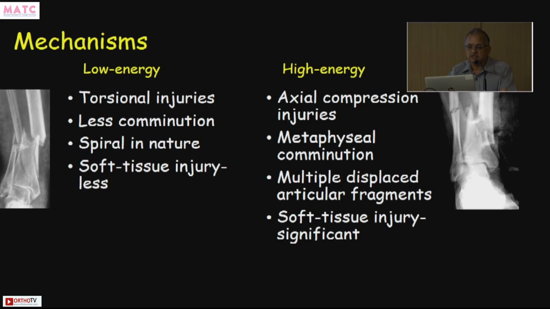Most often these distal tibias have a spiral fracture configuration, and the amount of soft tissue injury is less, as against high energy, which has axial compression, metaphyseal comminution, multiple displaced articular fragments, and significant soft tissue injury. So, two spectrums, low energy and high energy, both are different. Low energy can be managed immediately, high energy requires some time.